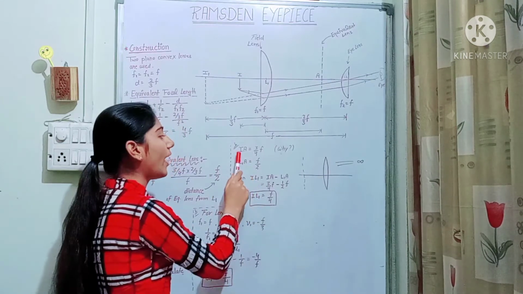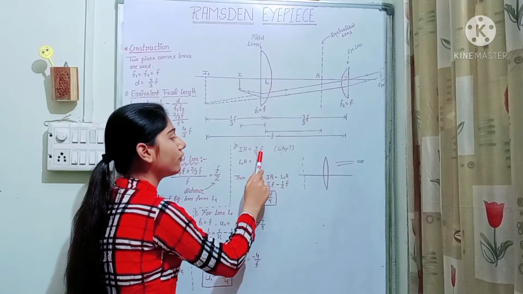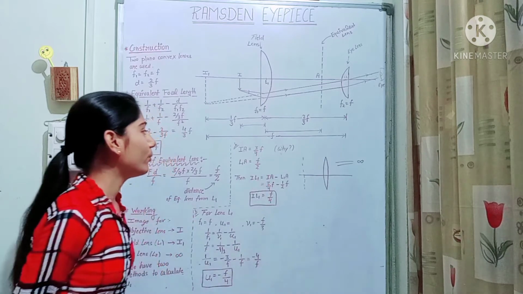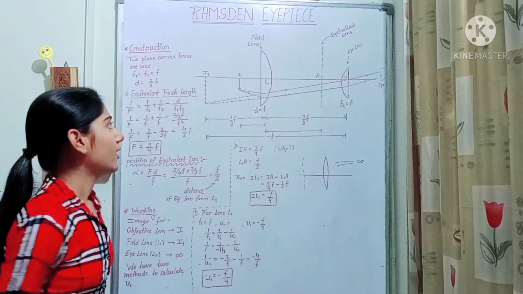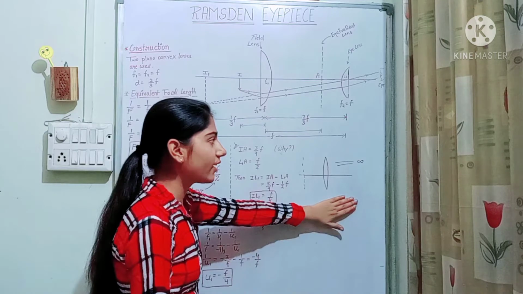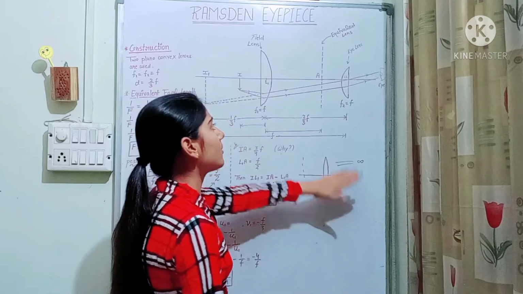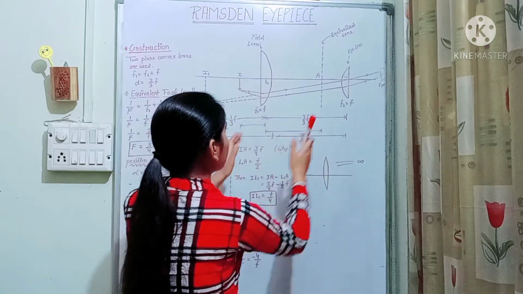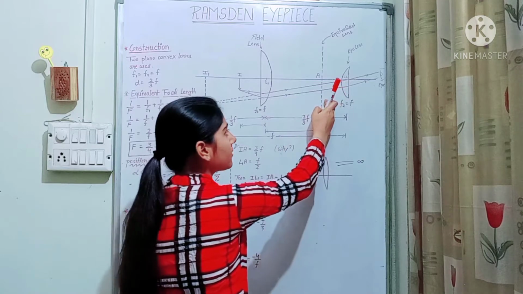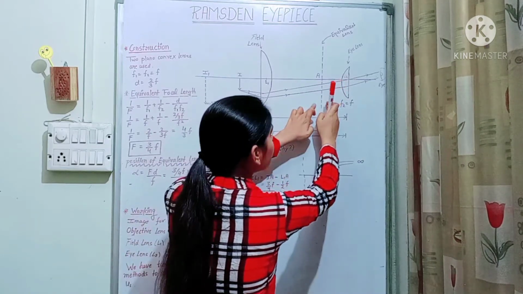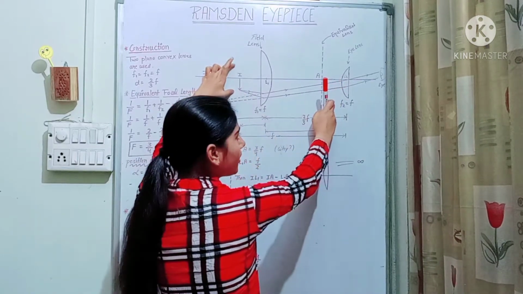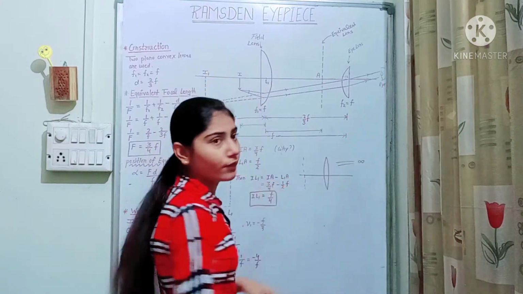We know IA is equal to 3 by 4f. How do we know this? See, what I am discussing here, the same concept is used over here. See, this is our equivalent lens. For this equivalent lens, this is the object and the final image is formed at infinity.